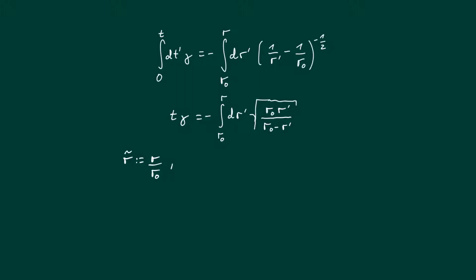And let's define a time which is also not in units of seconds but in units of 1, and this is gamma divided by the initial distance times the square root of the initial distance times t.